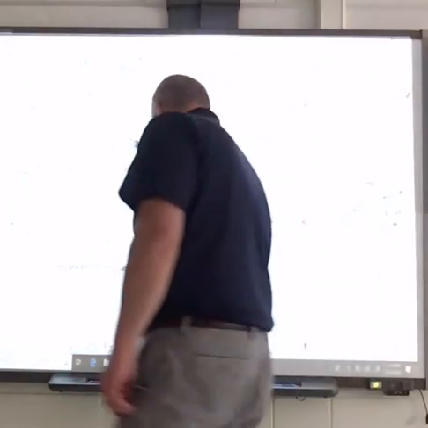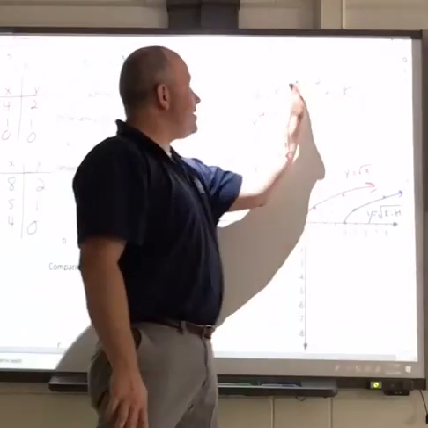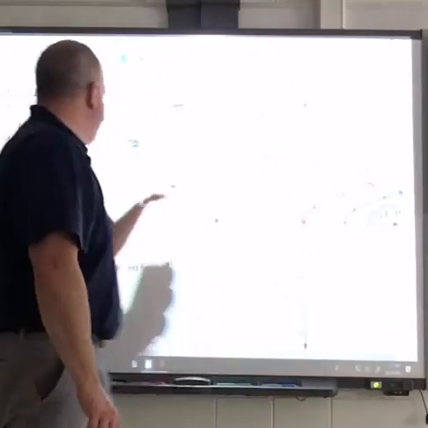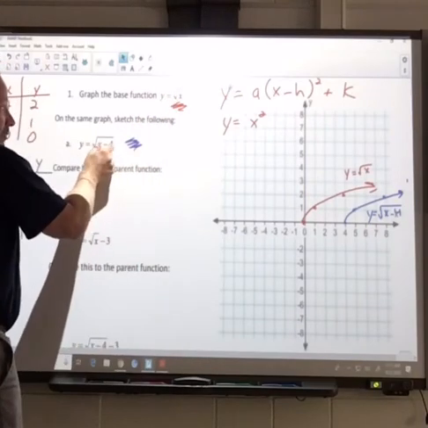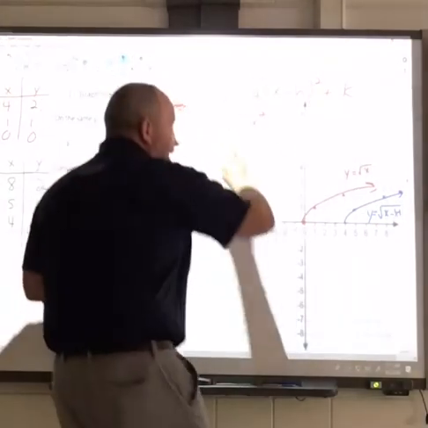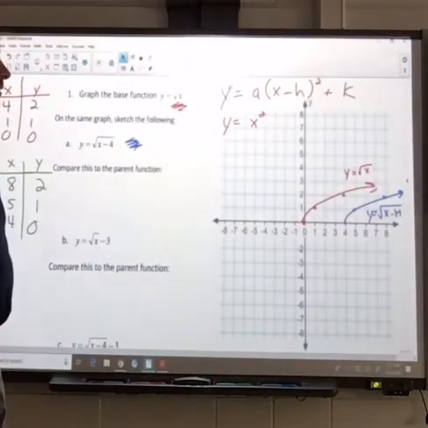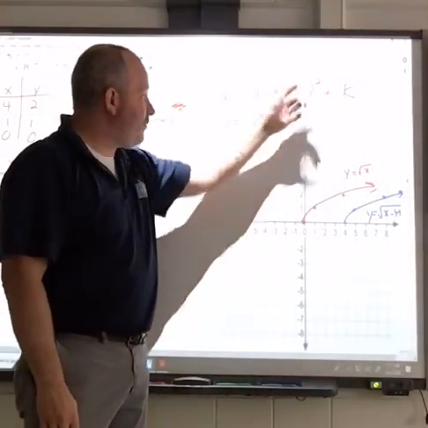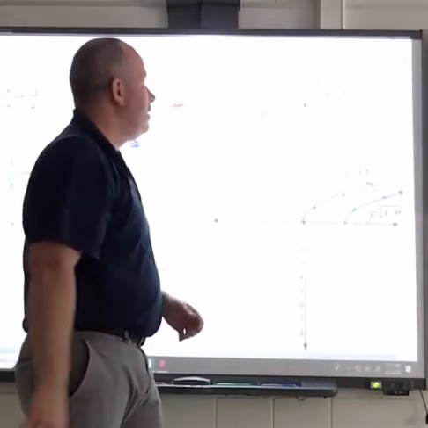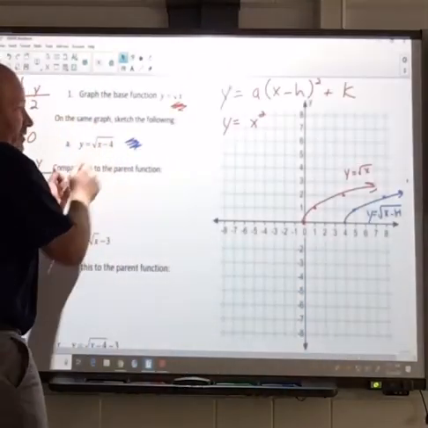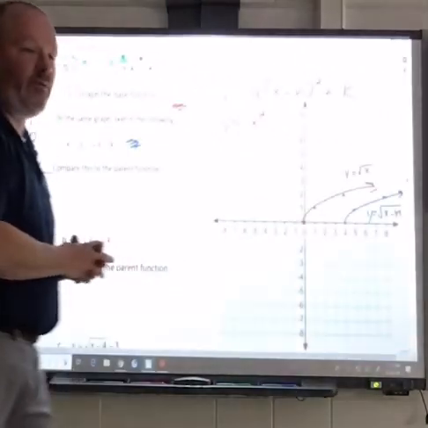All right? So, if we're inside the root, like when we're inside the squaring, remember the function is a root function. If you're inside plussing or minusing, you shift left or right. So if this said x minus 4, we would be shifting our parabola to the right 4. Because inside it's x minus 4, we shift the root function to the right 4.